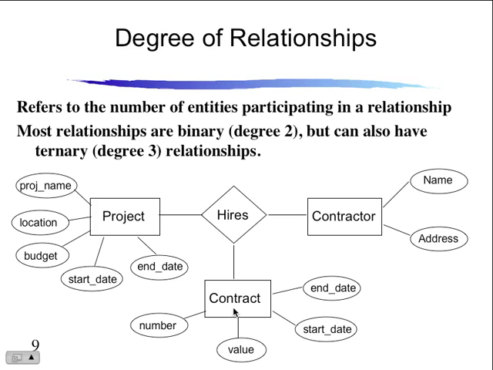Well, you could have a physically printed out contract. Does the project have a printout? Not really, it's a concept. But the contractor is a human being, hopefully, or a very sophisticated artificial intelligence computer or something. And so we have a combination of objects of different types that are all participating in the relationship hires.